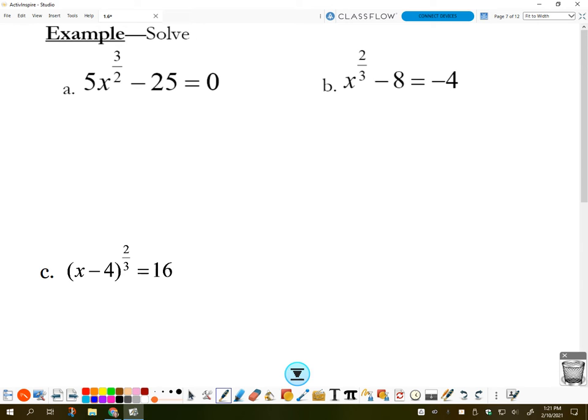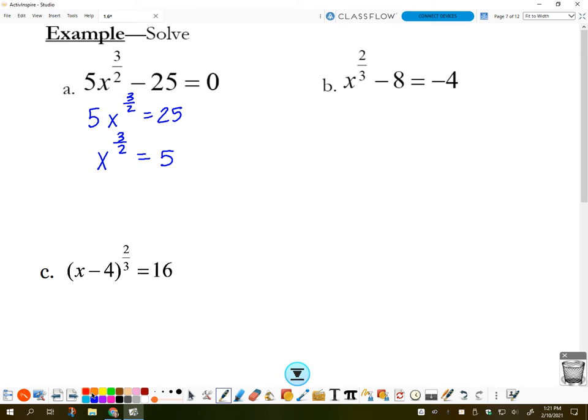Okay, so we need to isolate the variable. So we're going to add 25. Divide by 5. Alright, so now comes the part where I've got to get rid of that exponent.